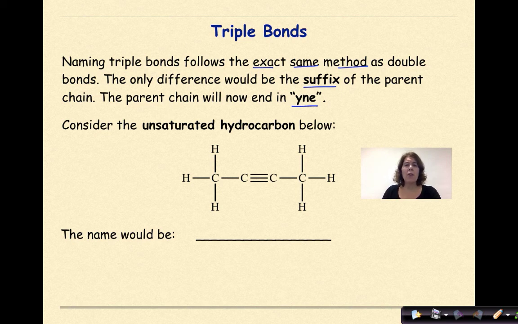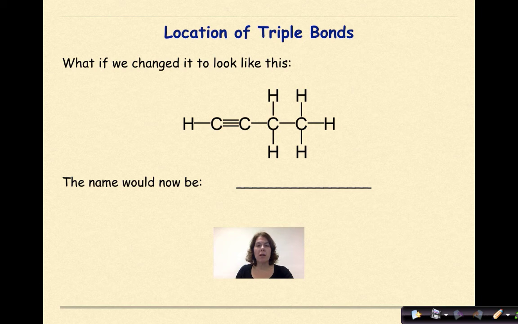So I'm going to start over on the left, and I'm going to call this carbon 1, 2, 3, 4, which means my prefix is going to be but. It's a triple bond, so my ending is going to be YNE, and the triple bond falls between the 2nd and the 3rd carbon. So this is going to be 2-but, and then the YNE ending. So 2-butyne. What if we changed it to look like this?